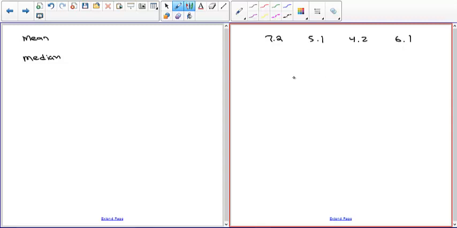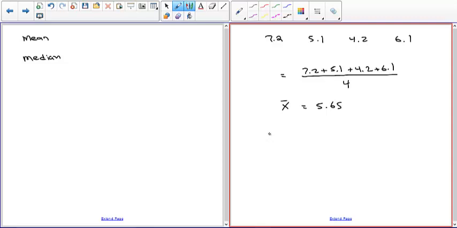You would find the sum of these numbers, or however many there are, and divide by the number of data points. So we get an average. The mean, which we represent with x with a bar over top, is 5.65. I'm sure you guys could do that.